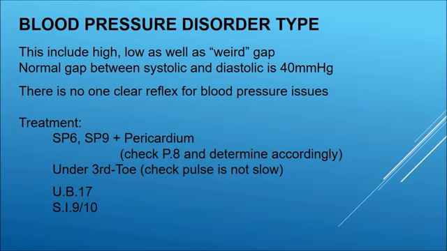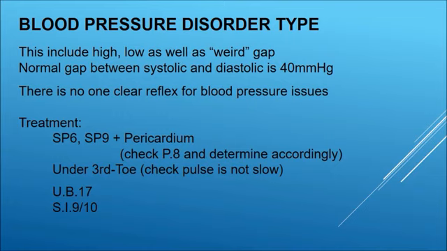For example, a person with a blood pressure of 125/65 would not fall into a high or low category, since 125 is an acceptable systolic and 65 is an acceptable diastolic, and yet the gap is too large. The same holds true for someone with a blood pressure of, say, 105/80.